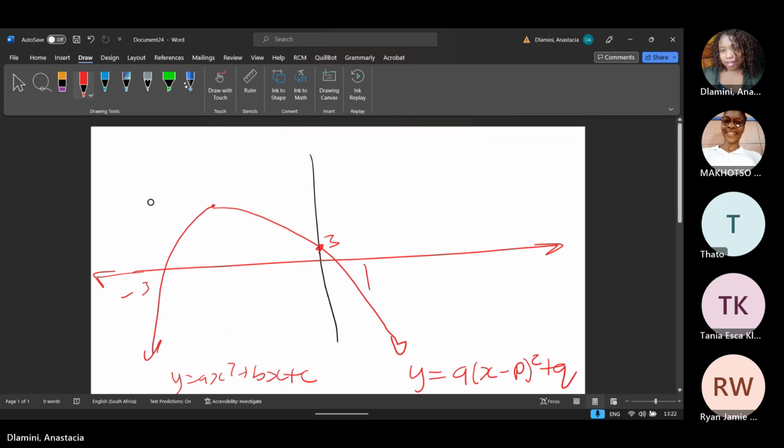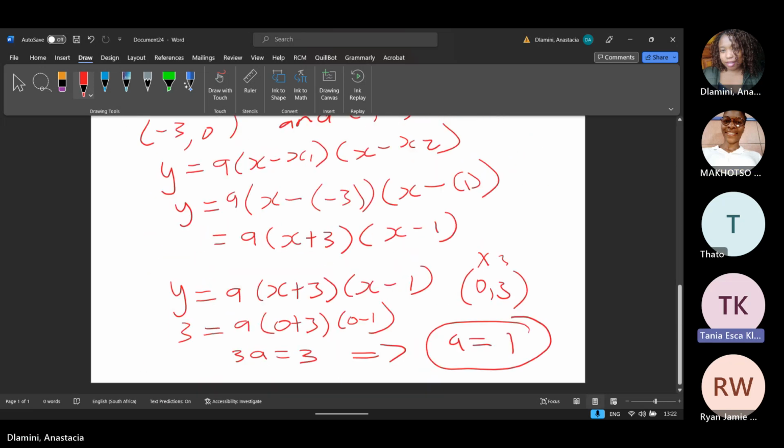Yes, ma'am, I disagree. Our graph is facing downwards, so our a is supposed to be negative when the graph is facing downwards. Thank you. So a equals negative 3 over 3, which is negative 1. Do you see that? Yes, ma'am. So it's minus 1.